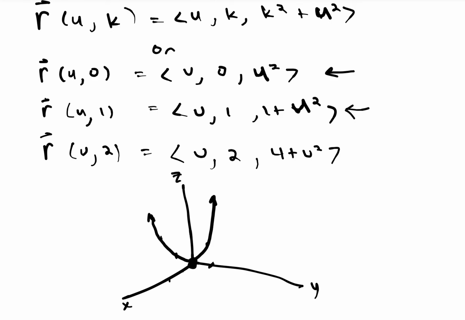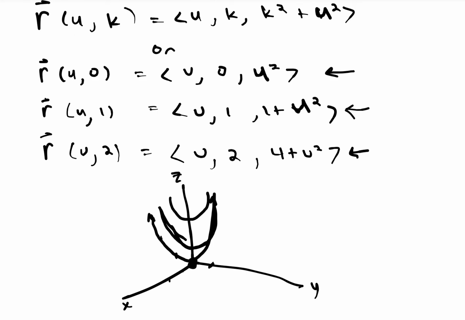And then the z component just has a shift upward of 1 unit. So it looks like we've got a parabola with a 1 unit shift upward on this y equals 1 plane. And a similar deal over here for this third curve. We are really on the y equals 2 plane, so we're even further forward. And this time we have a 4 unit shift upward. So I'm going to get probably this parabola right here.